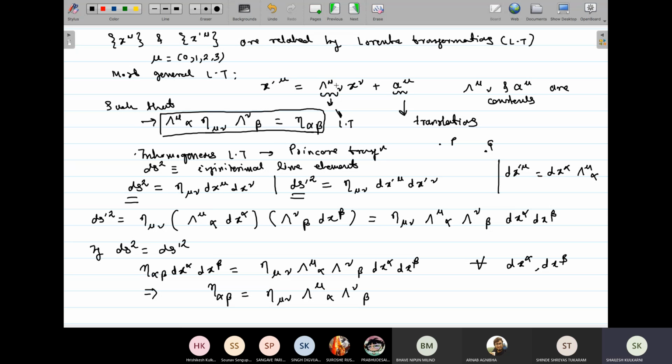Is it clear? Now, I will rewrite this. Eta alpha beta equals lambda mu alpha eta mu nu lambda nu beta. Now, in the matrix notation, how should I write this?